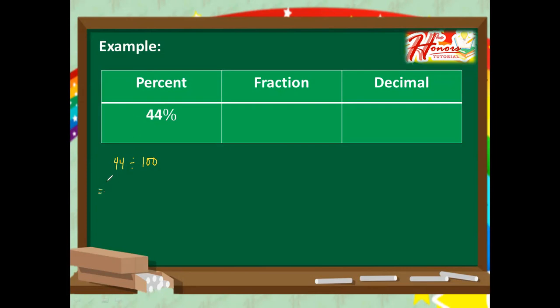So in order for us to not use the long division method, just move the decimal point twice from right to left. So 1, 2. So we have here 0.44, but let's write it properly. So just add 0 before the decimal point. So we have here 0.44 or 44 hundredths.